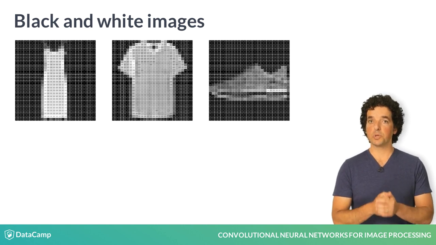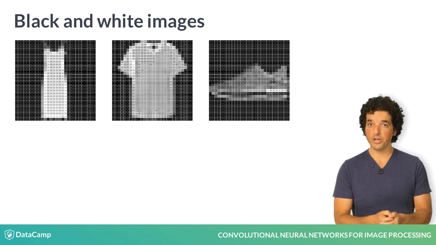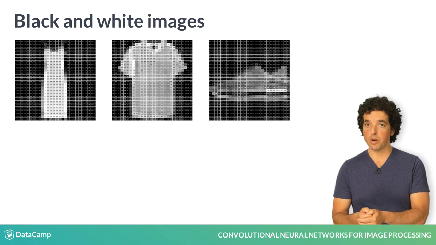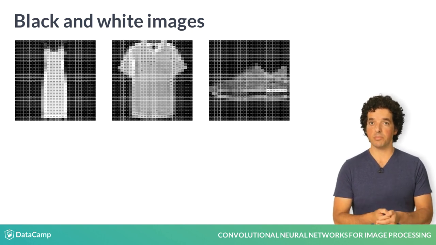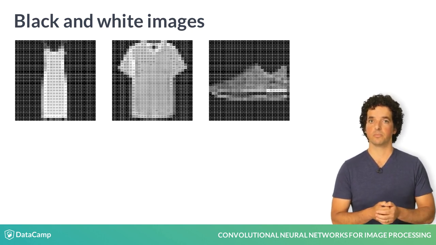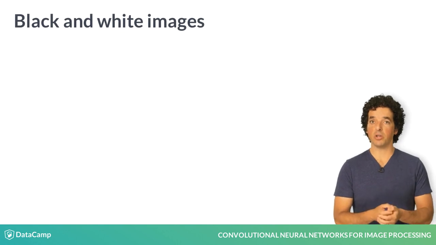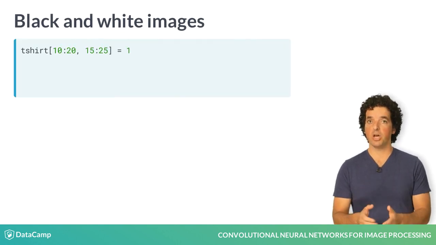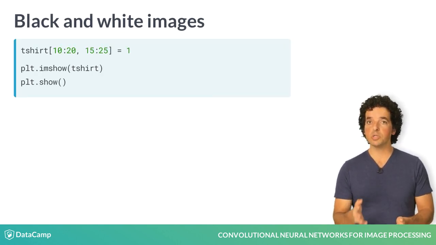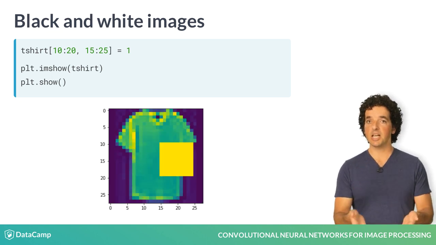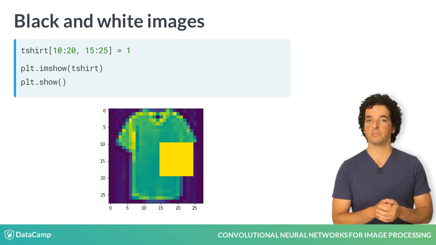High numbers represent parts of the image that are brighter, and low numbers represent parts of the image that are darker. In these images as well, we can select a part of the image using indexing on the rows and columns of the array and slicing, and change part of the array using assignment.